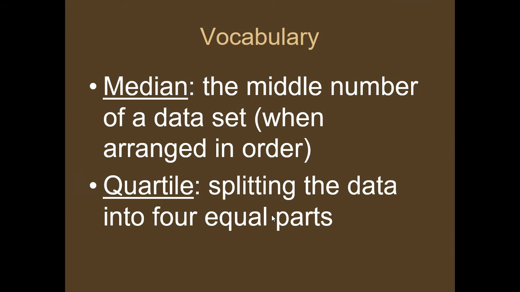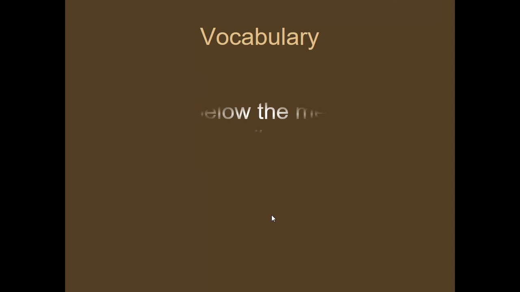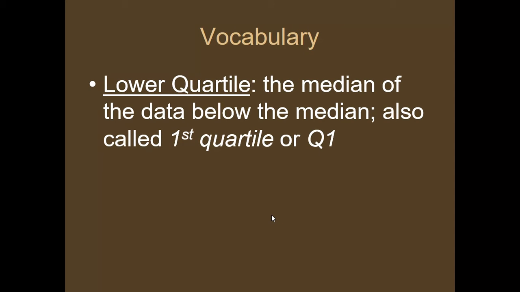And then there's something called a quartile. Now, if you know the word quart, which is a unit of measure, or quarter, or maybe even quad, thinking of like the bike that has four wheels, you're going to split the data into quartiles, which means you're going to split the data into four equal-sized parts. The lower quartile is the lower of those four pieces.